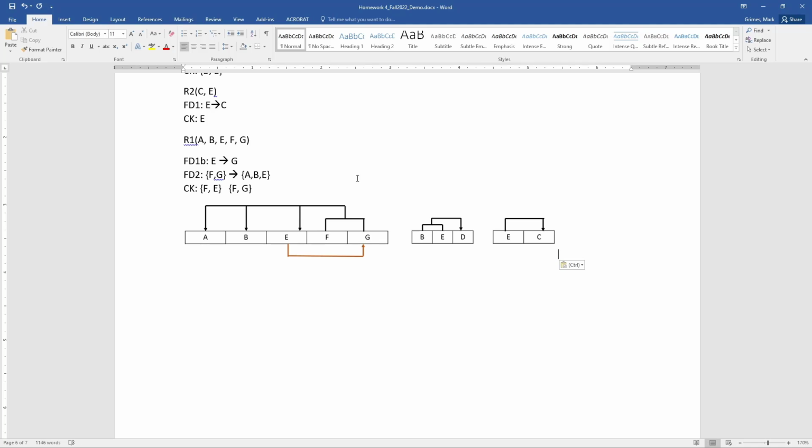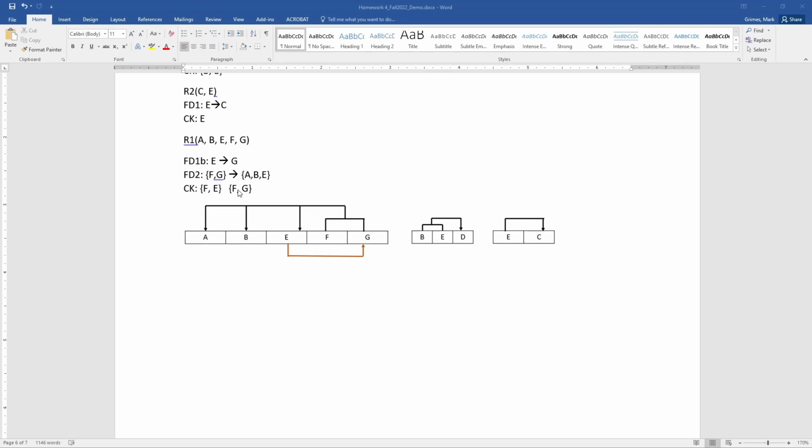Now, one other thing I will point out is even though we are in third normal form here, we do have a Boyce-Codd normal form violation, right? And remember, Boyce-Codd normal form violations are possible when we have at least two candidate keys, which is the case here, which are both composite, which is also the case here, and in which we have an overlapping attribute, which is the case here, right? We see F in both of these candidate keys.